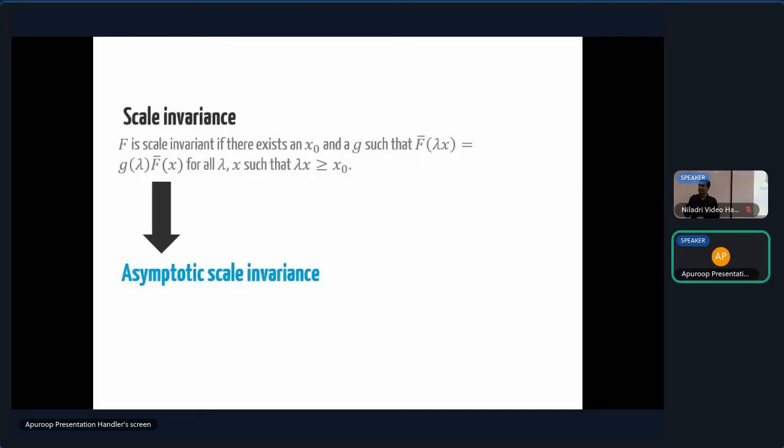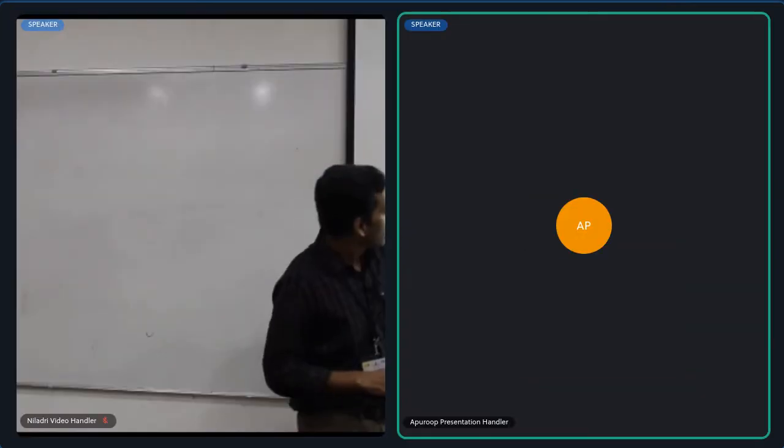If you look at empirical CCDFs, you see some sort of linearity, but it is approached in some asymptotic sense. So exact Pareto power laws are too strong to fit these kinds of things. That motivates you to look at asymptotic scale invariance. Now, what is asymptotic scale invariance? f is asymptotically scale invariant if, it's a definition.